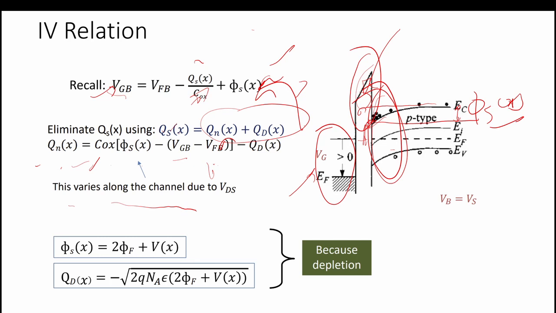Now, what is psi sx? This is the threshold voltage plus the Vx that we are applying.